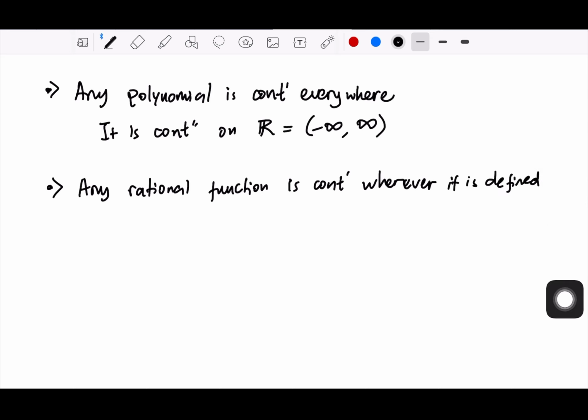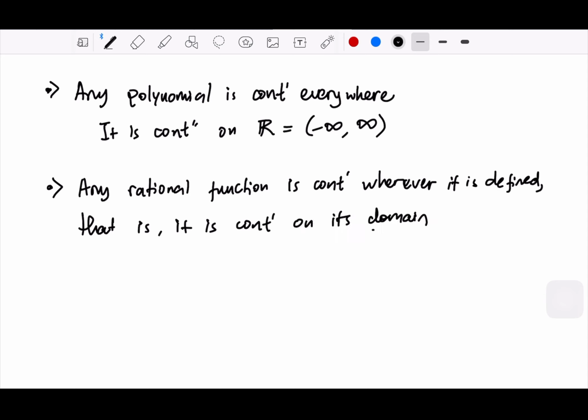We need to note the denominator, which may not be continuous, but it is continuous on its domain. So the key, I think, for most cases is the rational functions, especially the denominator that you need to take care of.